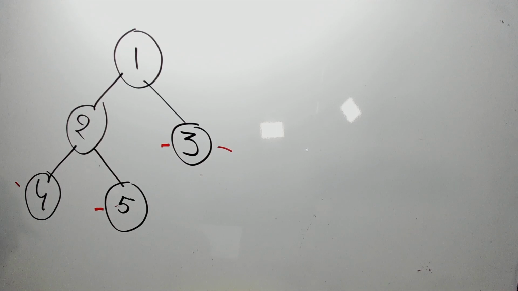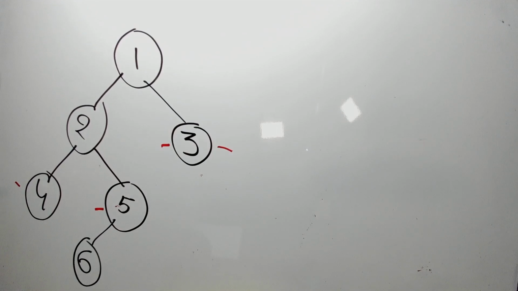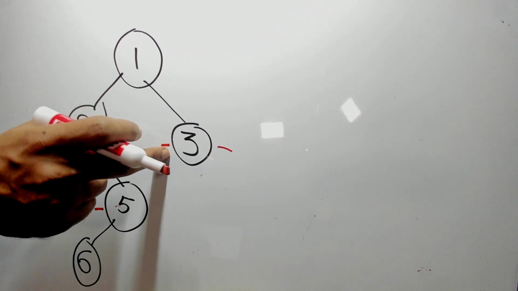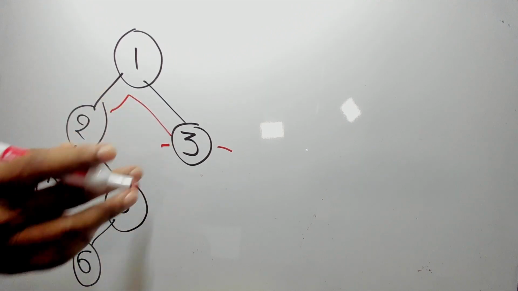But if there is another node, like maybe 6 here, you see that the longest path here will be starting from 6 and going to 3 in this way, right?